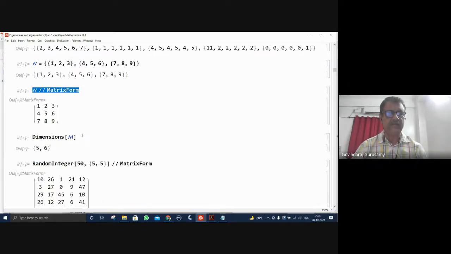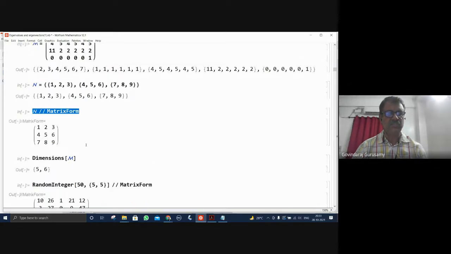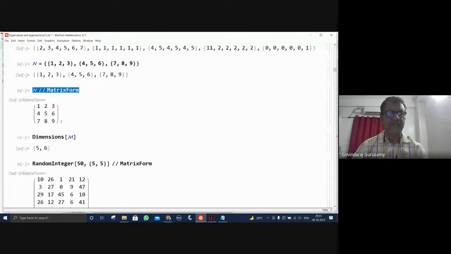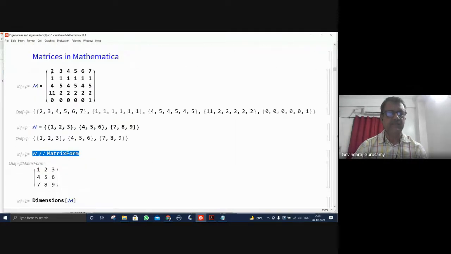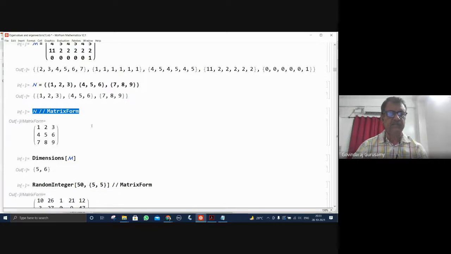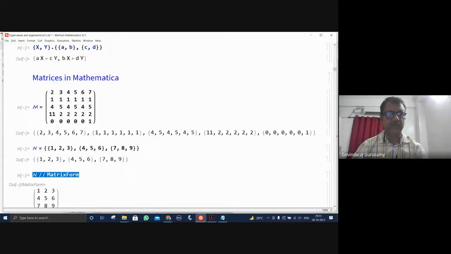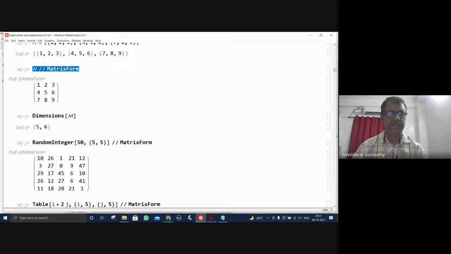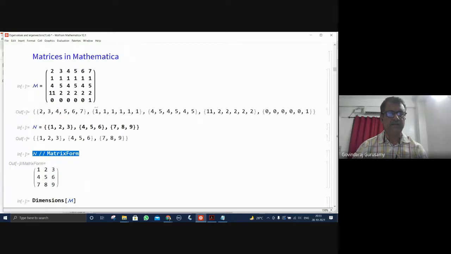Now we can look at the dimensions of the matrix. This M, you can see here, is 5 by 6: 1, 2, 3, 4, 5, 6 columns and 1, 2, 3, 4, 5 rows. So 5 rows, 6 columns. The row is the first number, the second is the column.